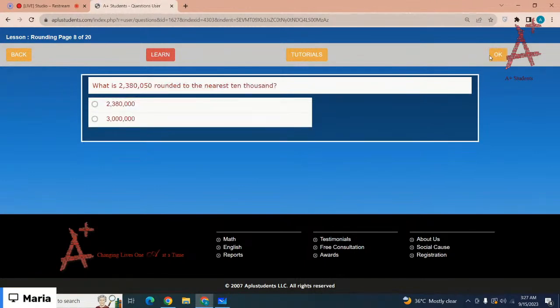Very good. What is 2,380,050 rounded to the nearest 10,000? The correct option is option number 1. Very good.